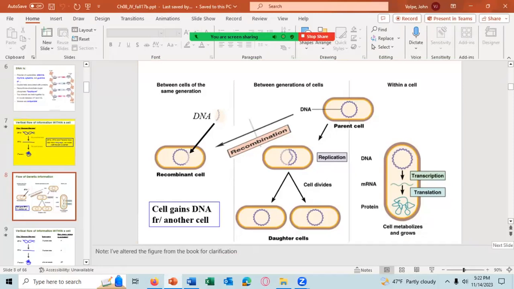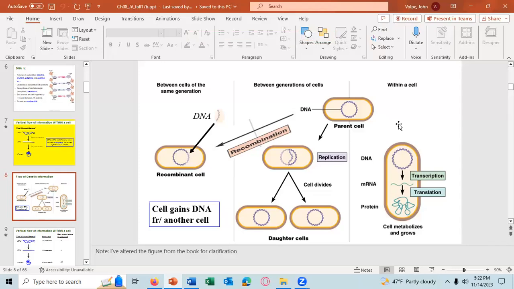All right, within a cell, we can have the information flow from DNA to RNA to protein. This we call the flow of information within a cell. It is also called the... is that the horizontal gene transfer?